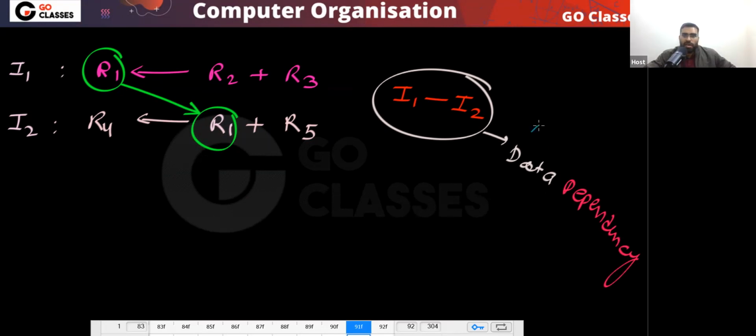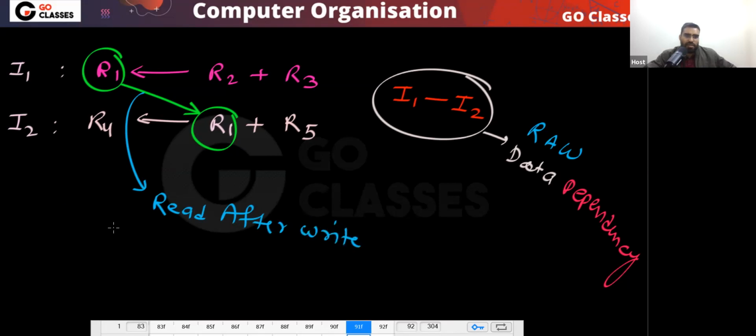This type of dependency is called read after write dependency. Why? This is called read after write dependency because the read must happen after the write.